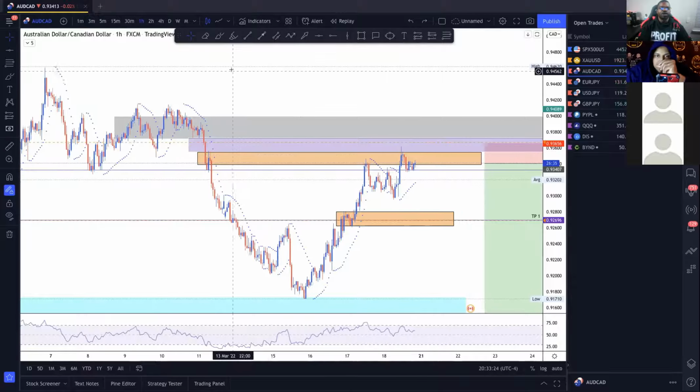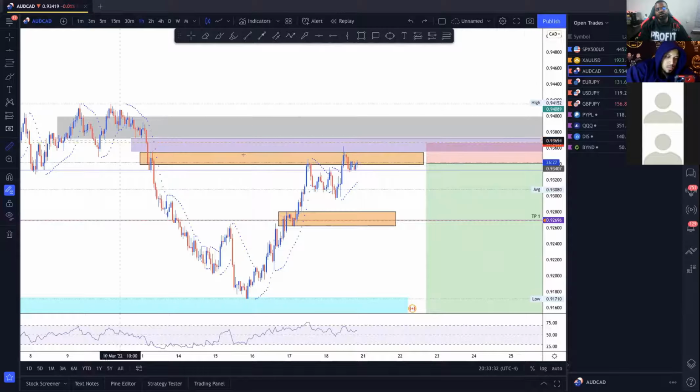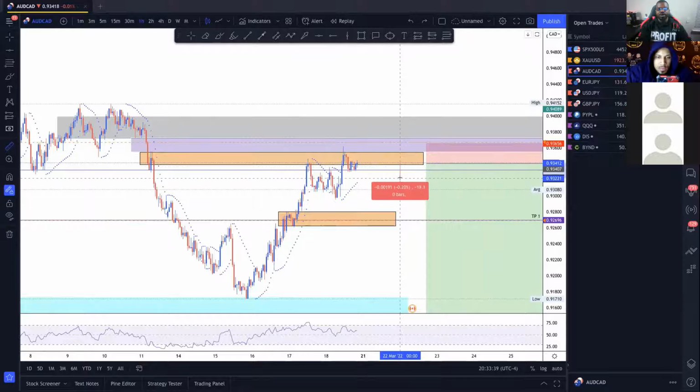Now we want to find the alert for when we're 20 pips in profit so we can move our stop loss in profit. So let's go back and select that measuring tool. Click our entry, drag it down. We ignore that number behind the decimal. You see, this is 20 pips in profit.